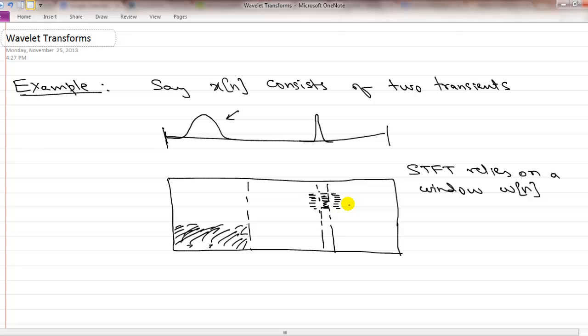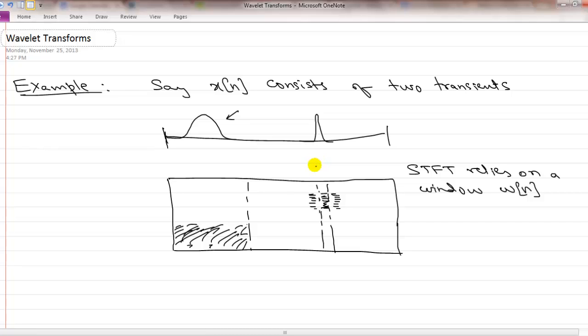Right? You won't have that good of a time resolution. You can't tell when exactly a signal started and when it ended because you're using a large window. Okay. On the other hand, if you used a large window, then you have a really sharp boundary around your frequency edges.